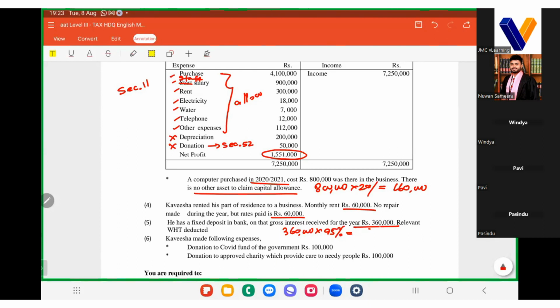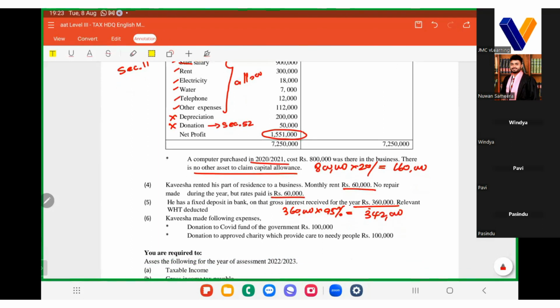So you will receive 342,000 in cash. However, when you take interest income for the calculation of the investment income, you have to take the gross interest. If the examiner gives the net interest, you have to convert it into gross interest and add it to the investment income. That deducted withholding tax, you can take as a tax credit.